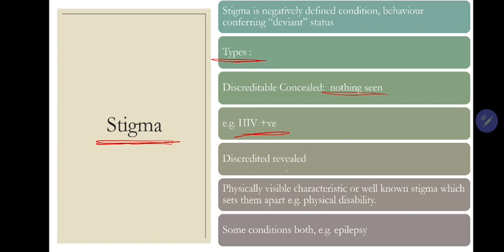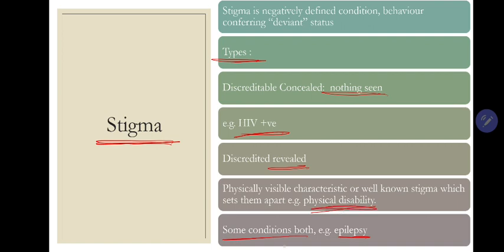And we have discreditable revealed, meaning visible: a physically visible characteristic or well-known stigma which sets them apart, for example physical disability.